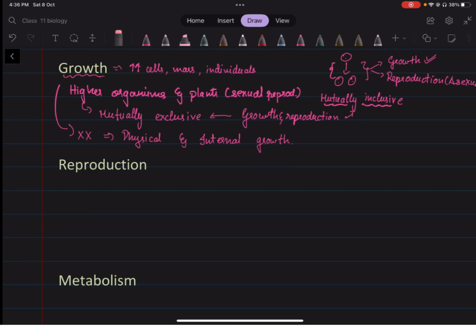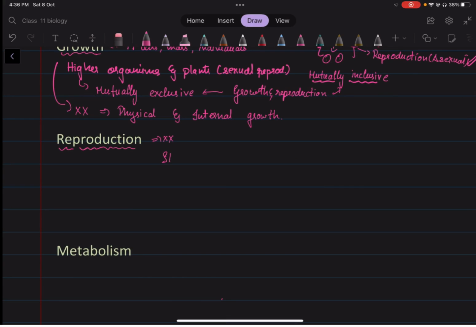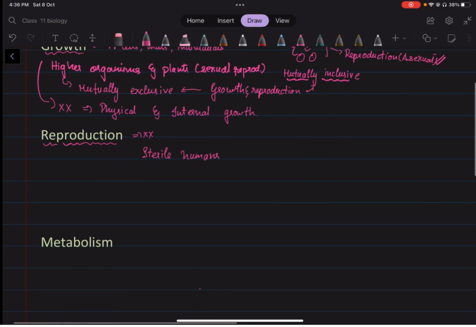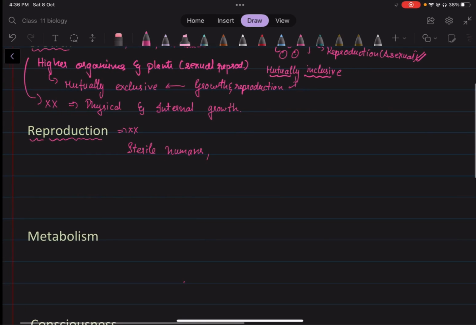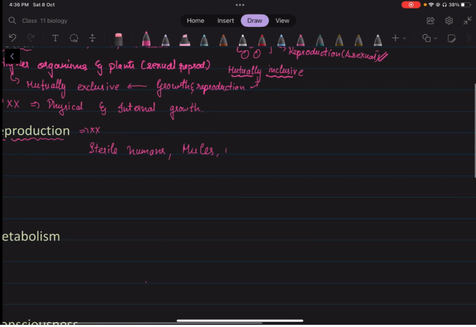What about reproduction? We just now spoke about reproduction, right? So reproduction is also not a defining feature. Why is it not a defining feature? Let us take the example of sterile human beings. Some humans are sterile; they're not able to reproduce because of some problem in their reproductive system. Or let us take mules. These are hybrid animals that cannot reproduce, and also worker bees.